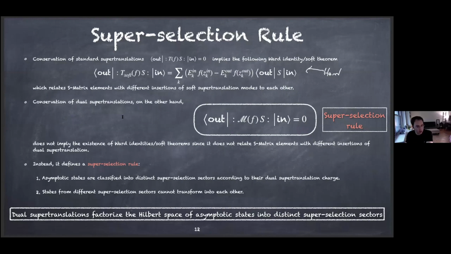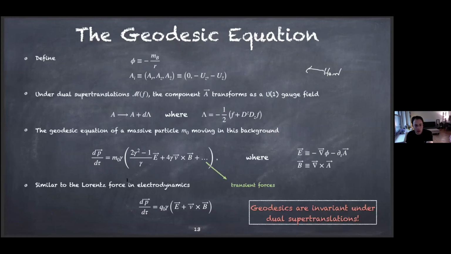Let's continue. I'm running a little slow. I will go over this slide very quickly because it's not essential. We also showed that the geodesic equation is invariant under dual supertranslations. So I want to claim that dual supertranslation describes some type of redundancy. We have to ask how geodesics behave under its action.